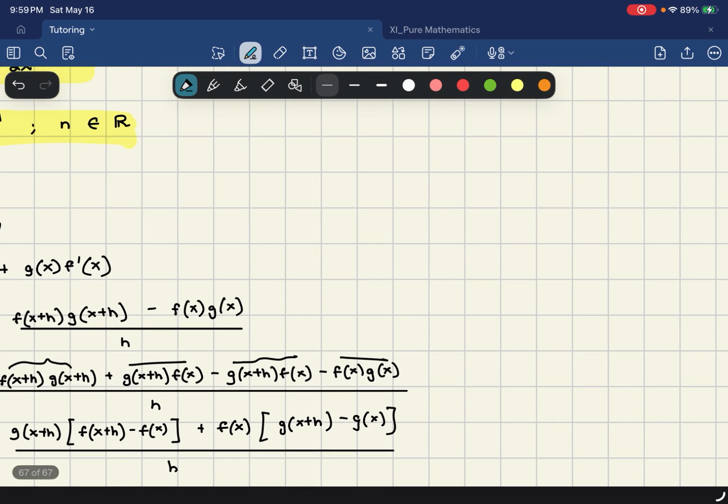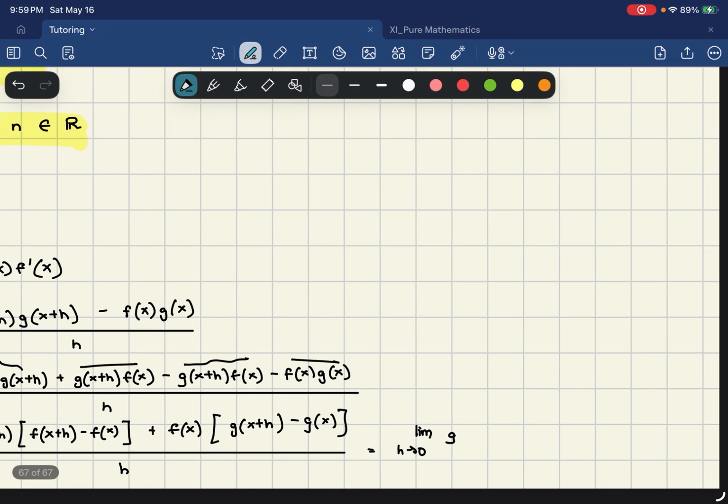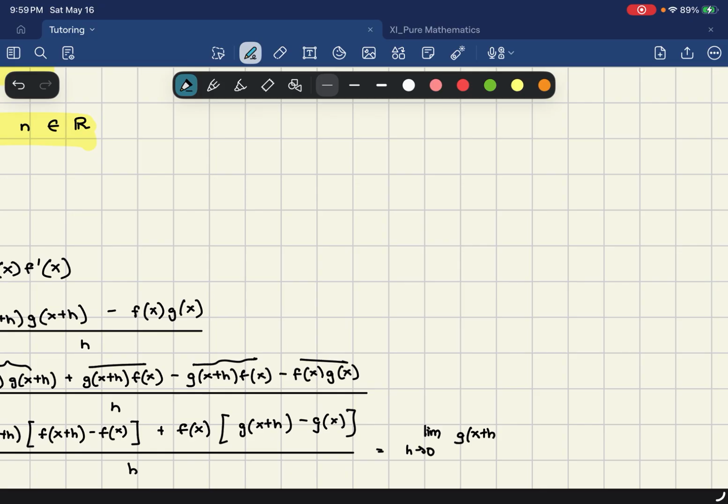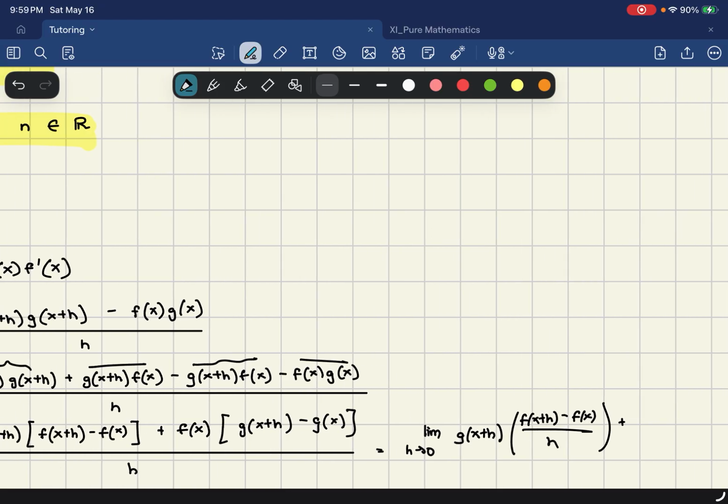So now, if you think about it, this is just limit as h tends to 0, g of x plus h times f of x plus h minus f of x divided by h plus f of x. So the limit you can just sort of distribute.